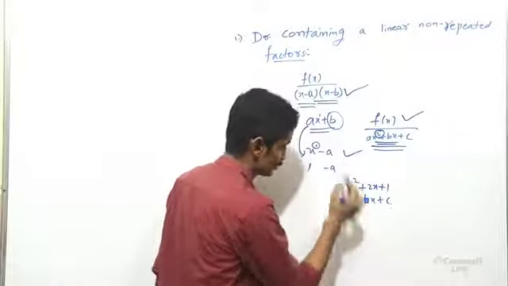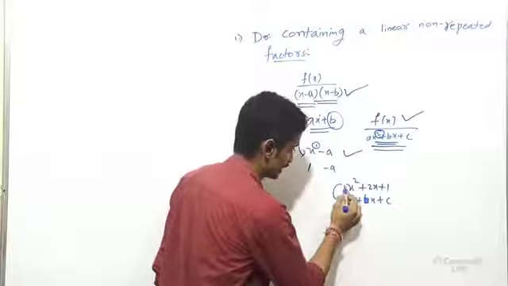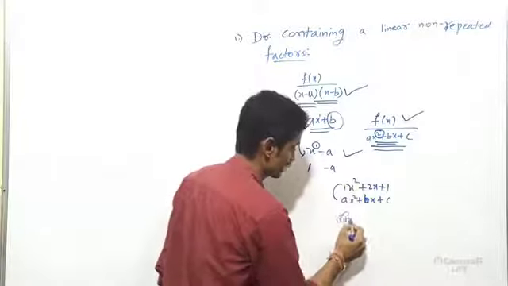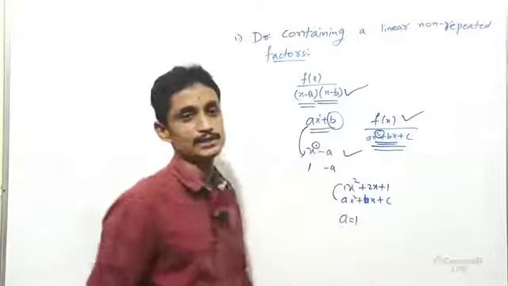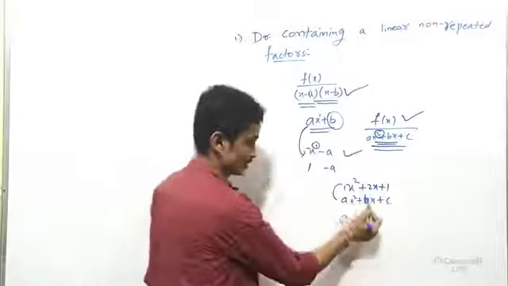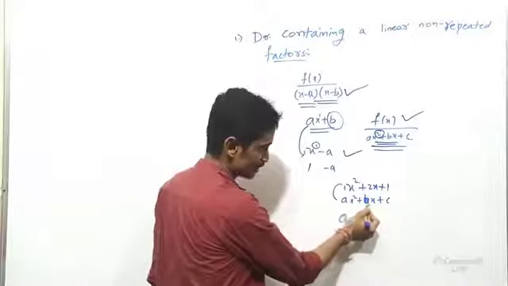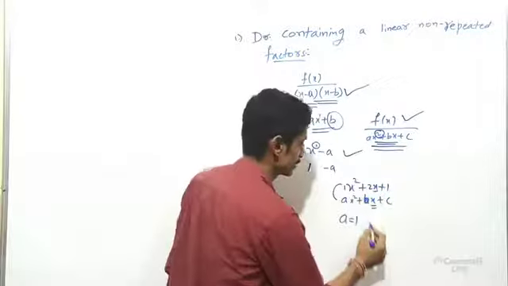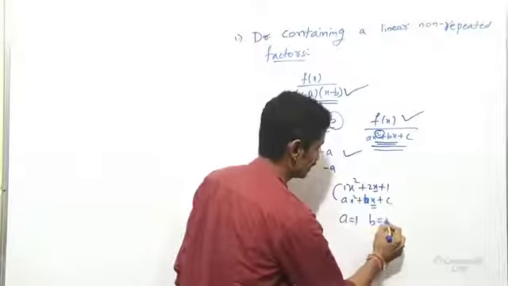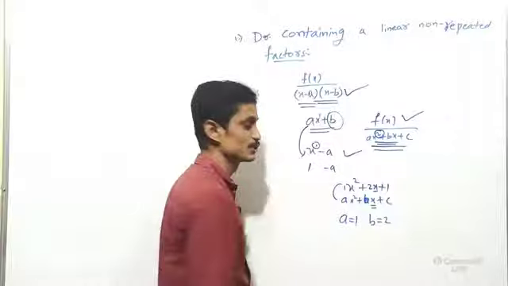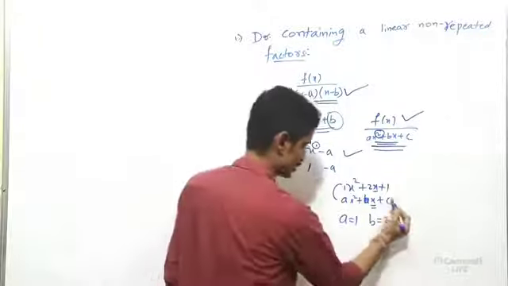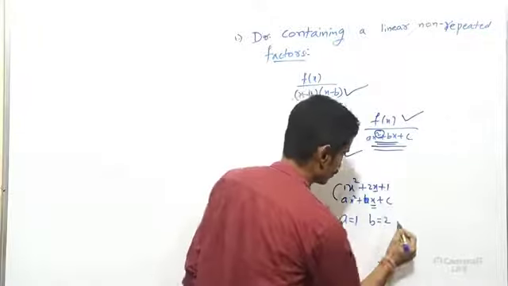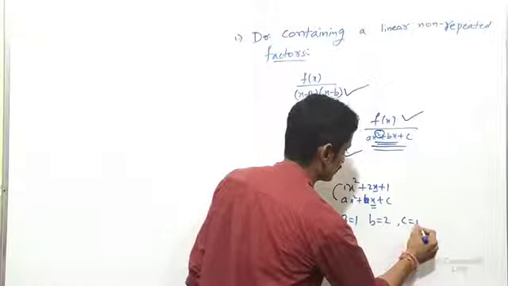Comparing these two, in the place of a, here nothing means 1, so the value of a becomes 1. Clear? Next, here the coefficient of x is b, here the coefficient of x is 2. It means the value of b is 2. Clear? Next, the value of c is 1.